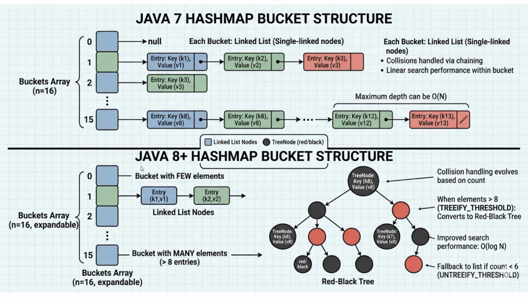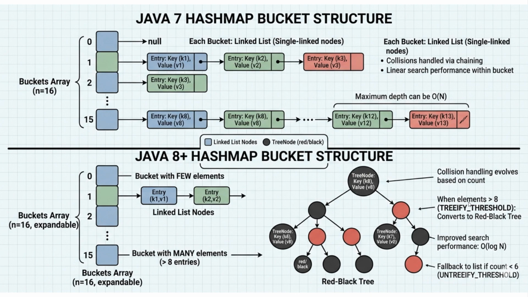And plus Java 8, bucket with fewer elements. Here it's not saying that it is expandable, but in Java 7 the array of buckets is also expandable. Okay, and here saying that the collision handling evolves based on the count.